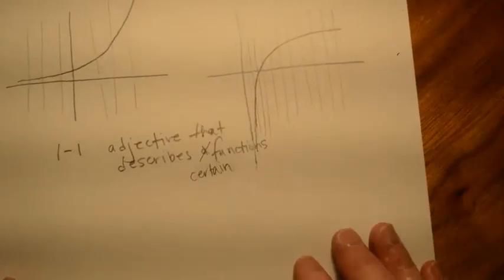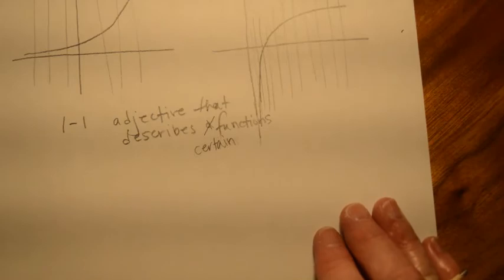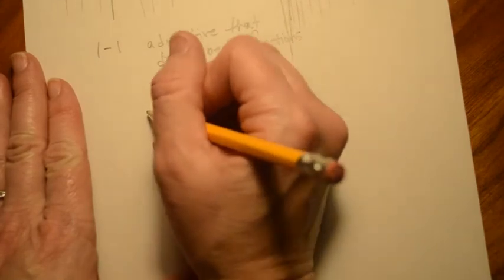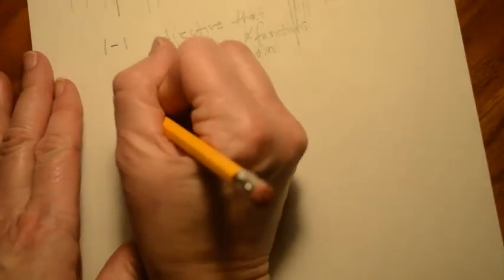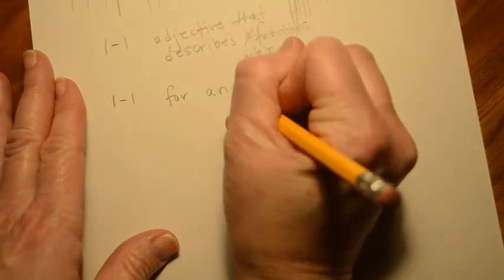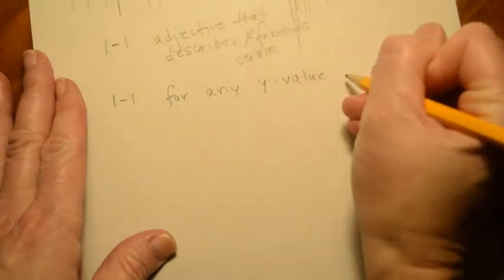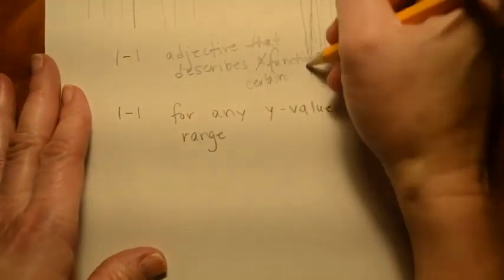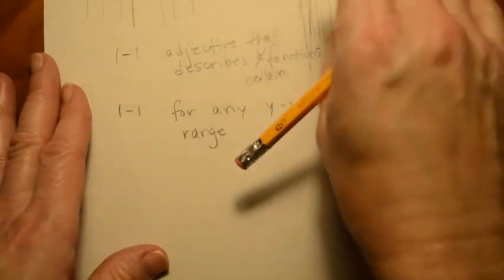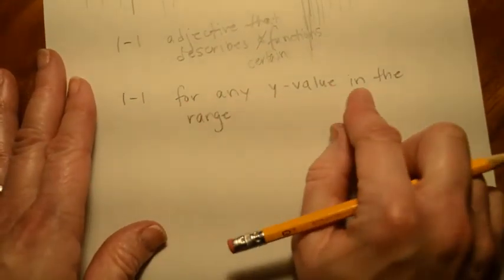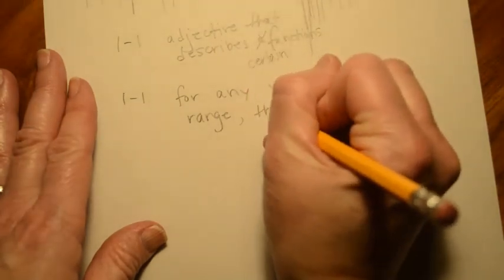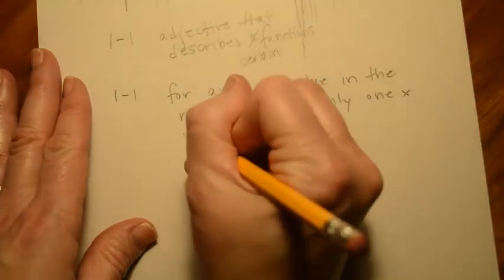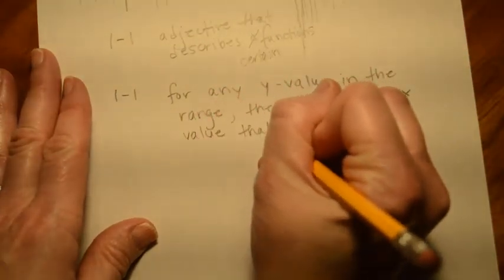So in order to be one-to-one, first of all, you have to be a function, but second of all, you have to have this property that for any y value in the range, right? So one-to-one means that for any y value in the range, again, range, we're looking at all the possible y values. How far does it spread up or down? So for any y value in the range, there is only one x value that matches to it.